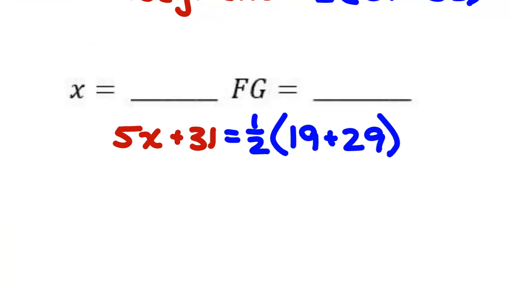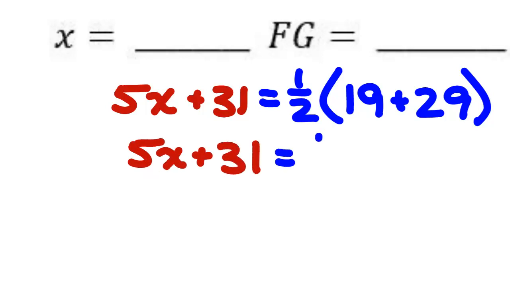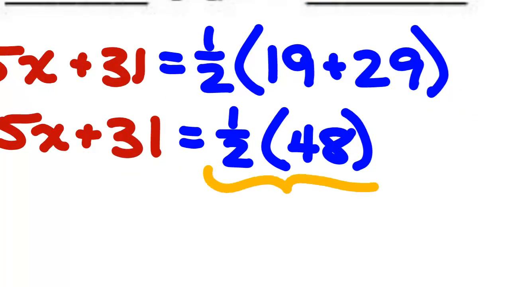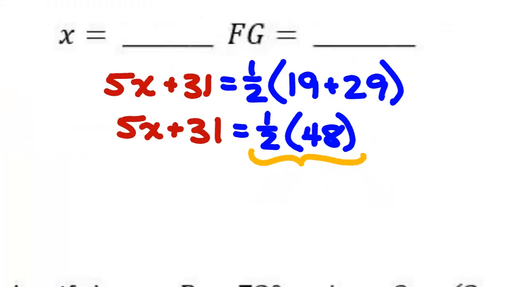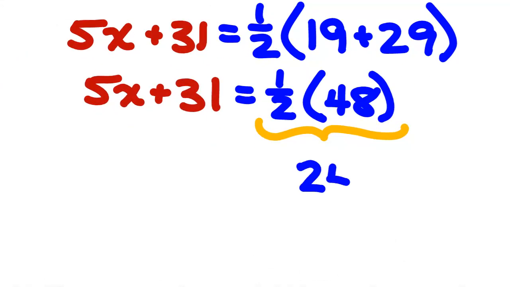What is 19 plus 29? 48. So 5x plus 31 equals 1/2 of 48. Now we can multiply both sides by 2 to get rid of the fraction, or I can just type into my calculator, what is 1/2 of 48? 24. So 5x plus 31 equals 24.